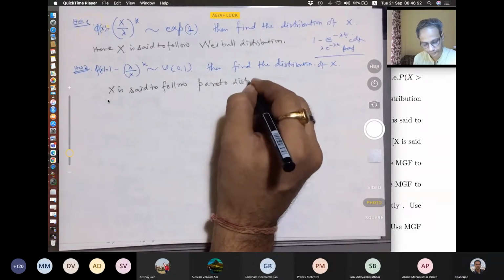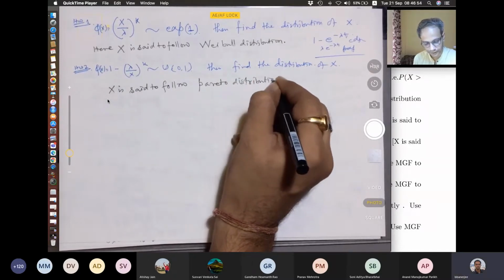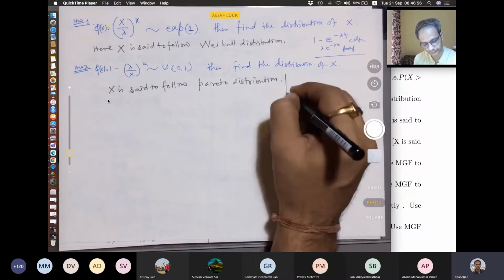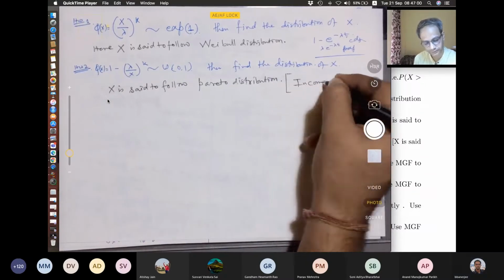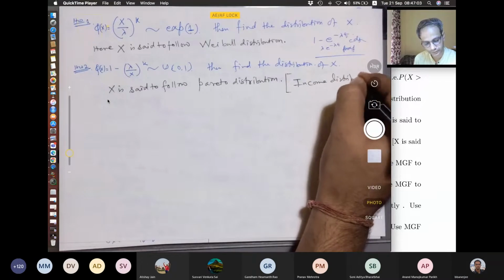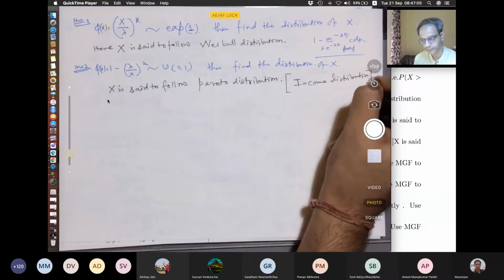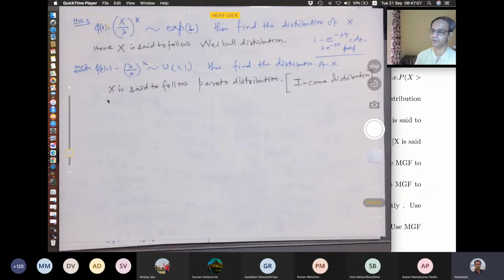And this is often used to model the income distribution, for household income, the distribution of income over a region.